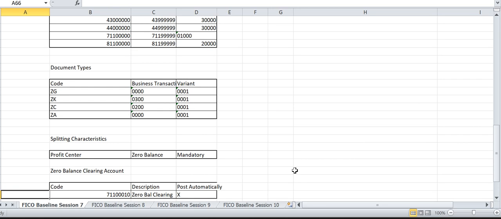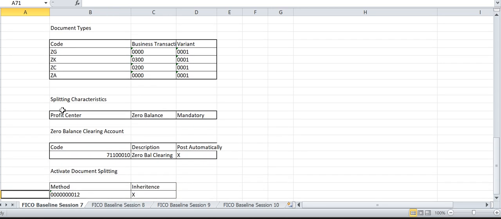Here I have specified that at the profit center level the balance should be 0, and profit center is mandatory in every transaction. And this will be the account which helps in clearing the balance at the profit center level. And this inheritance we have already discussed.